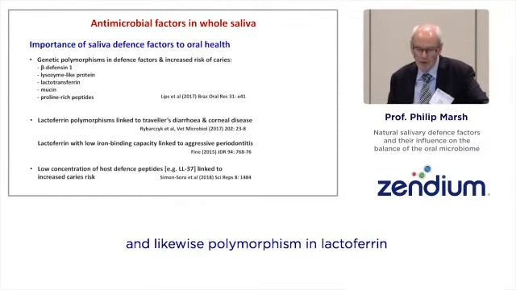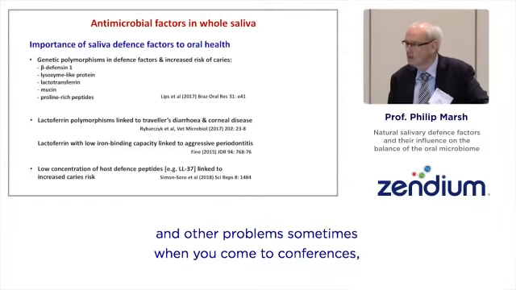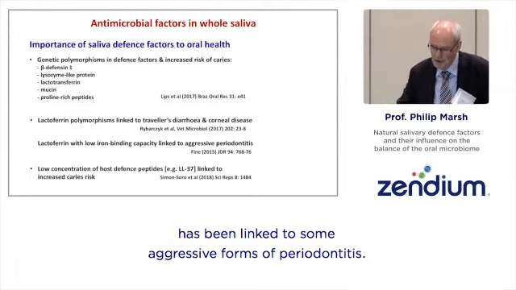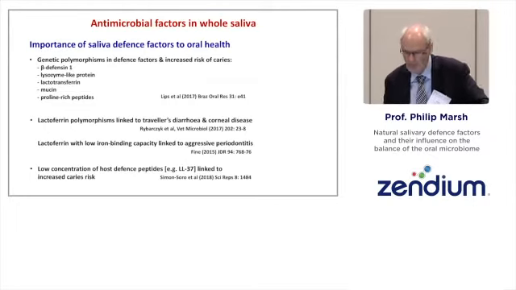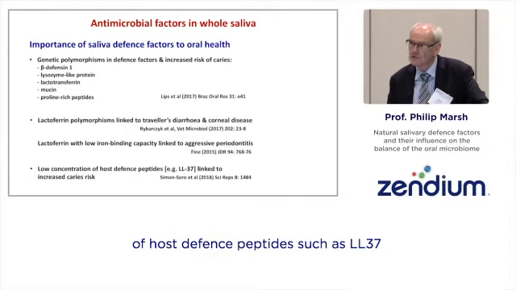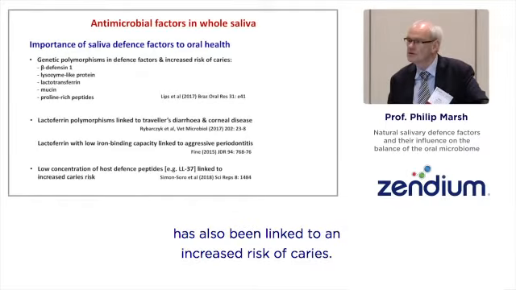Likewise, polymorphism in lactoferrin has been linked to traveller's diarrhea, another problem sometimes when you come to conferences. And lactoferrin with low iron binding capacity has been linked to some aggressive forms of periodontitis. More recently, a study has shown that low concentrations of host defense peptides such as LL37 have also been linked to an increased risk of caries.